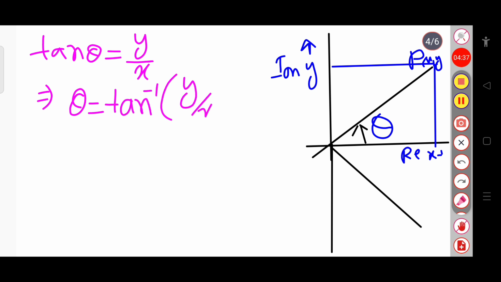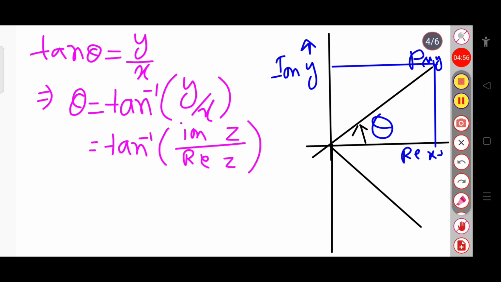We can say that theta equals tan inverse of the imaginary part divided by the real part, that is, tan inverse of the imaginary part of z divided by the real part of z.